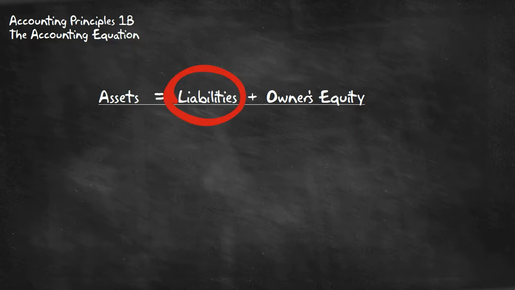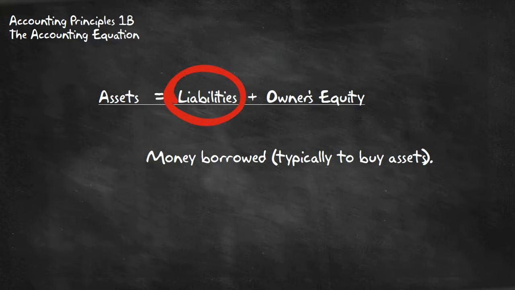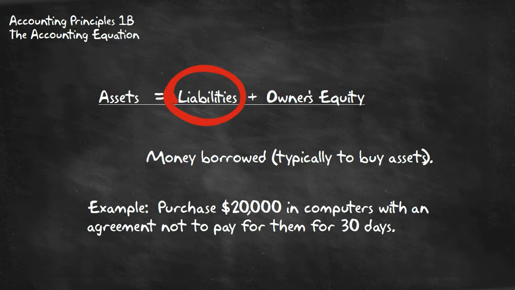Liabilities include monies borrowed, typically to buy assets. For example, let's say you purchase $20,000 in computers from a local computer store. The store agreed that you don't have to pay them for 30 days.